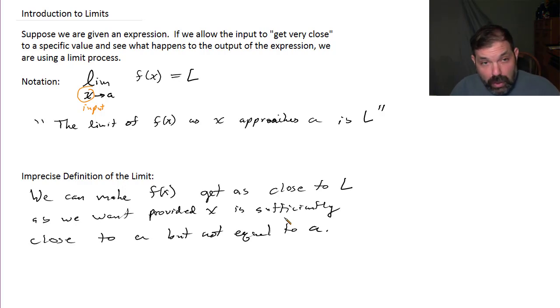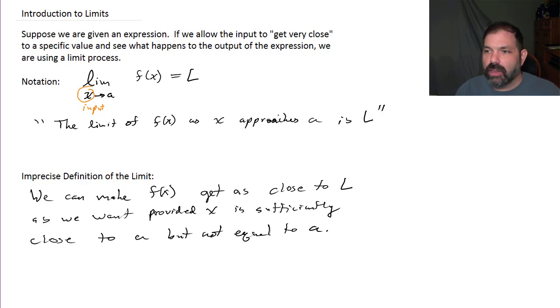What we're going to learn in this section is some numerical and graphical methods for approximating limits, and in later sections we will learn some actual analytical techniques that we can use to evaluate limits. Analytical meaning using algebra, using trigonometry, using those techniques rather than using a calculator.